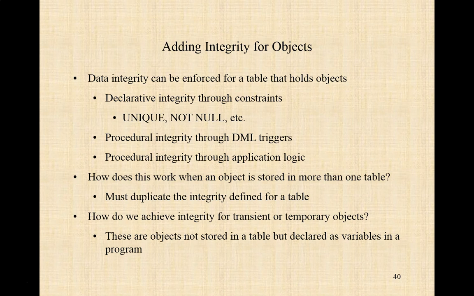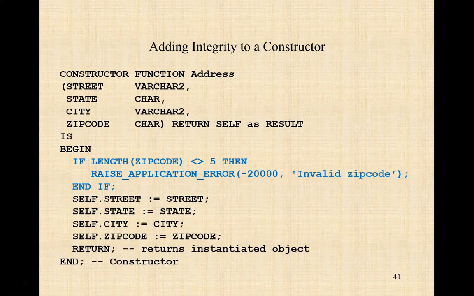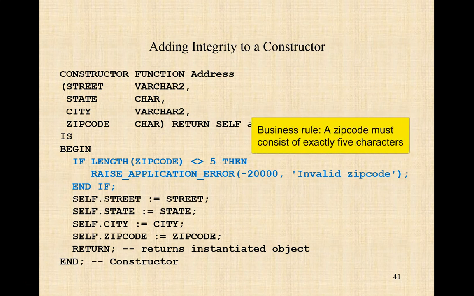We can achieve this by incorporating integrity in the constructor of our type. With our address object type, we redefine our constructor function. What we're going to do is take the argument value that was passed to us and interrogate it.